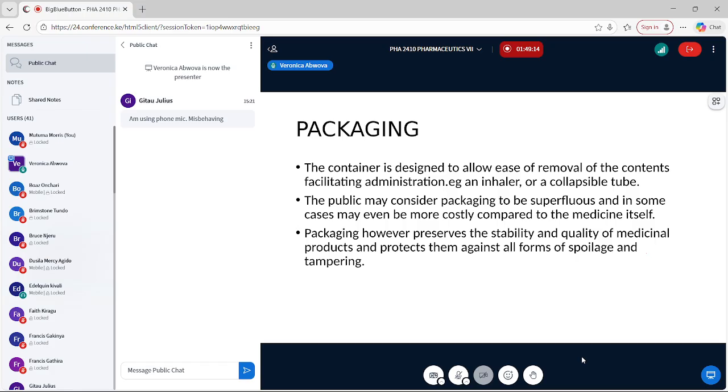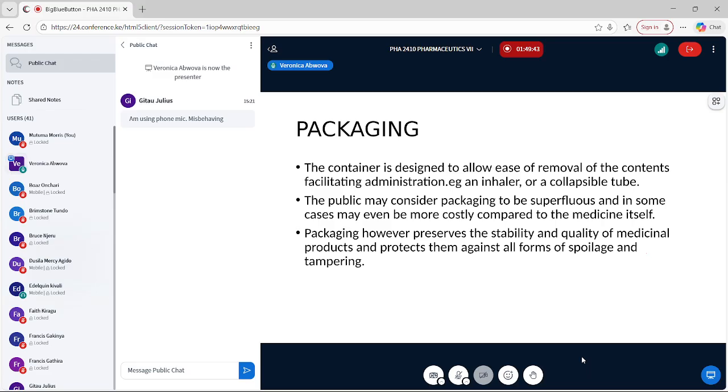Or in some cases, you may actually find that the drug is costing 30 bob, but the drug is very sensitive, okay? Unless you put it in a package that will protect the drug from oxygen, from moisture, from light, the drug will deteriorate. So because of that, you go and look for a package that contains all these characteristics to protect the drug, okay?